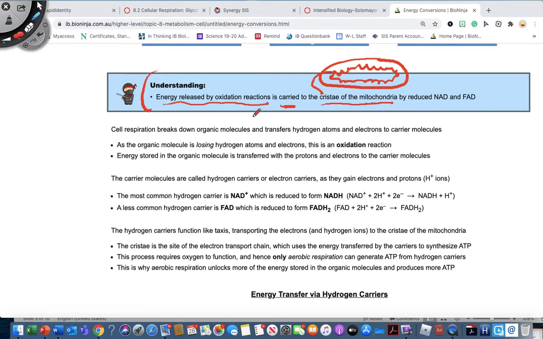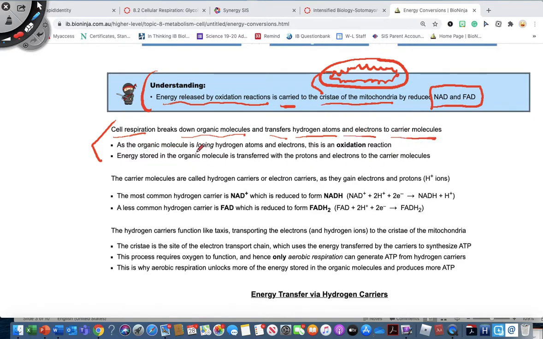So energy released by oxidation reactions is carried to the cristae of the mitochondria by reduced NAD and FAD, or NADH and FADH2. So what are these NAD and FAD? We're going to see this in just a moment. So a little recap of what we've learned so far. Cellular respiration breaks down organic molecules like sugar and transfers hydrogen atoms and electrons to carrier molecules.